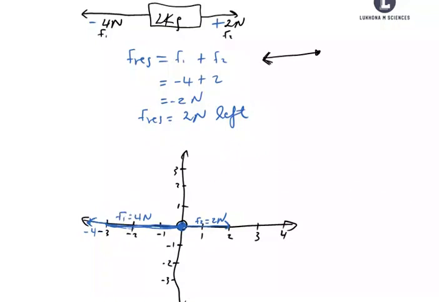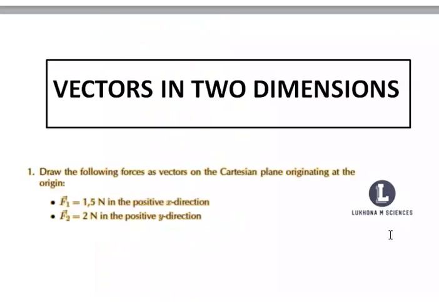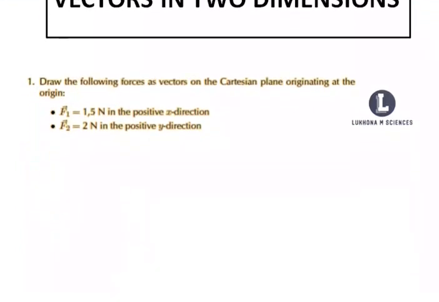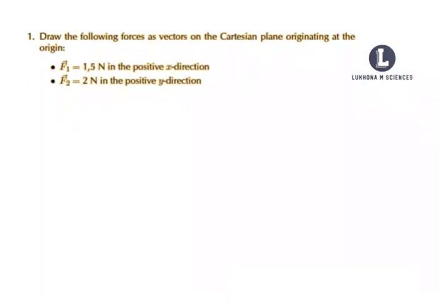Let's take one example. With this example, they say draw the following forces as vectors on a Cartesian plane. So we are going to draw the Cartesian plane first, then we draw the forces. This is the horizontal axis, that is x. Then we have the vertical axis, that is y. Then we have the origin here.